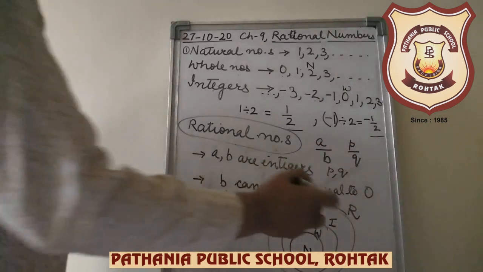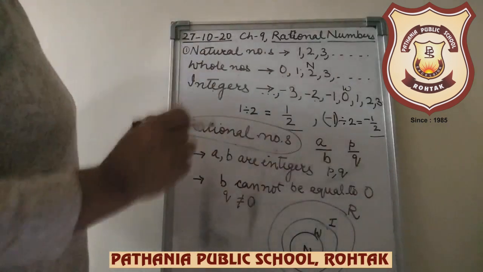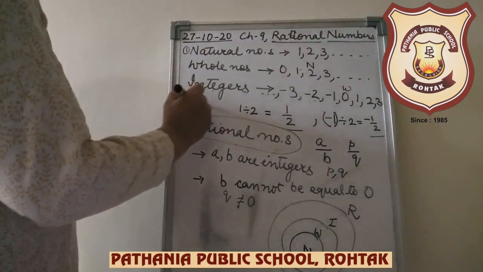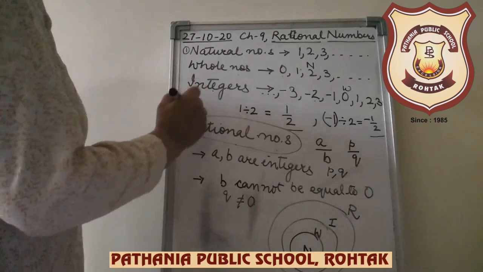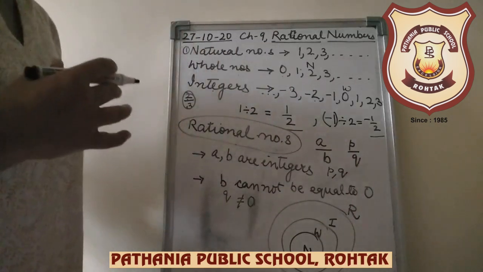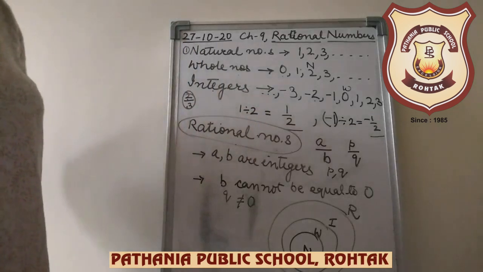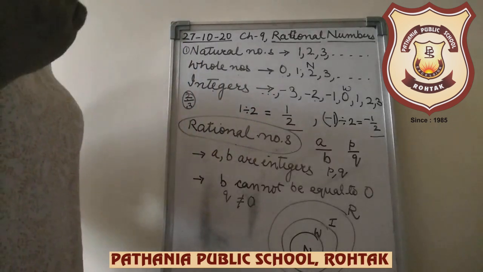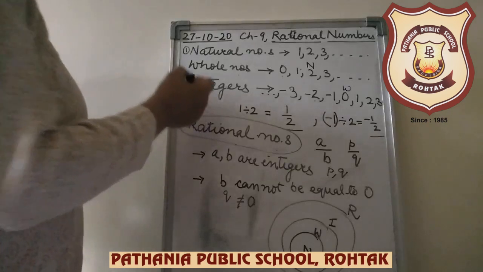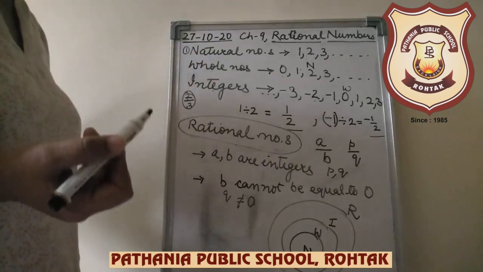Okay, you have done fractions. Fractions were only positive. You have not studied about any negative fractions. So now, to make it easier for you to understand, rational numbers are the fraction numbers which can now be positive or negative.